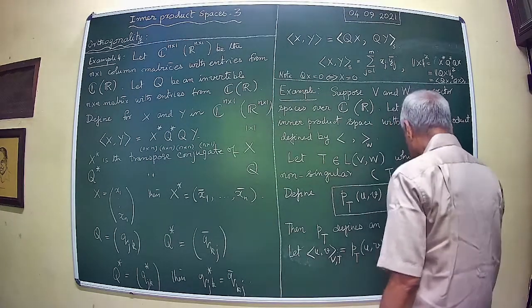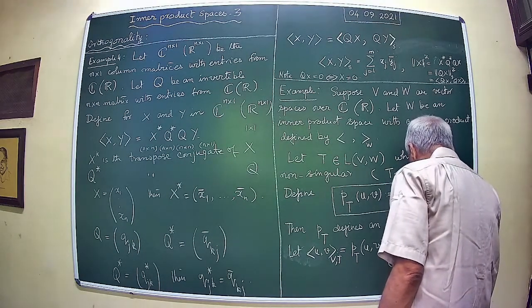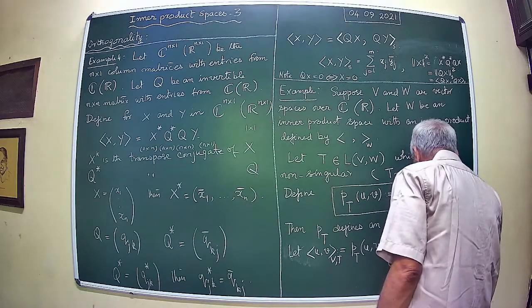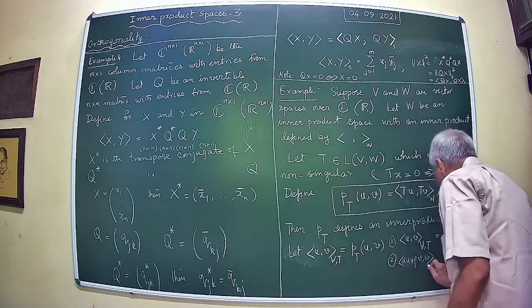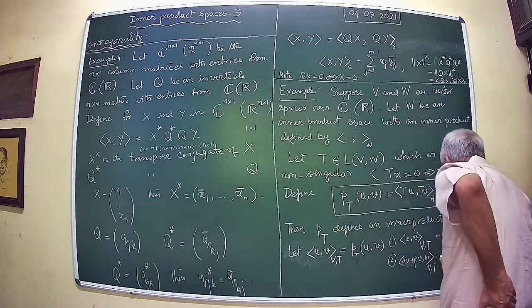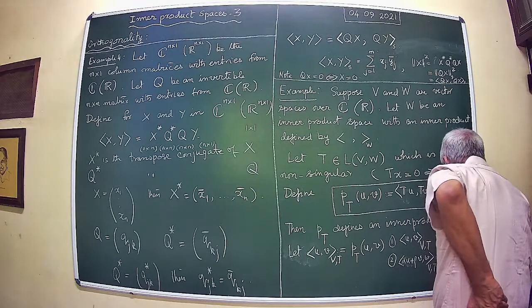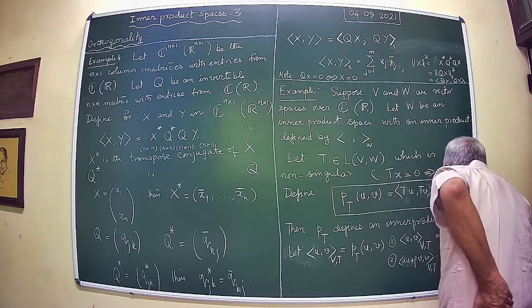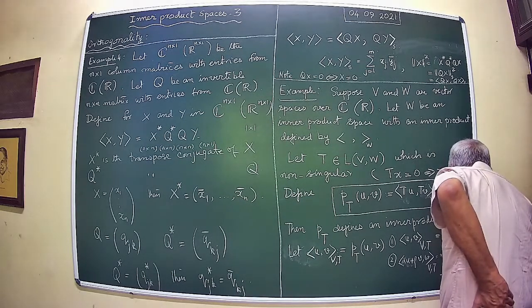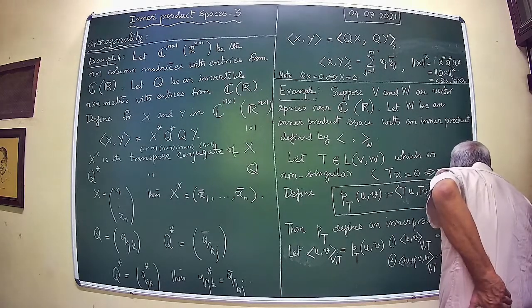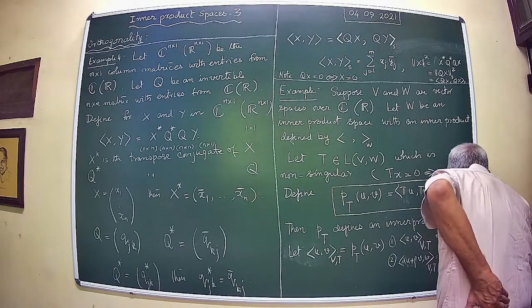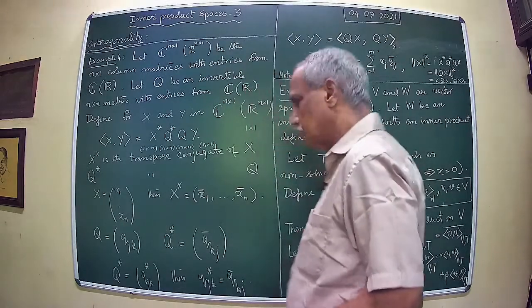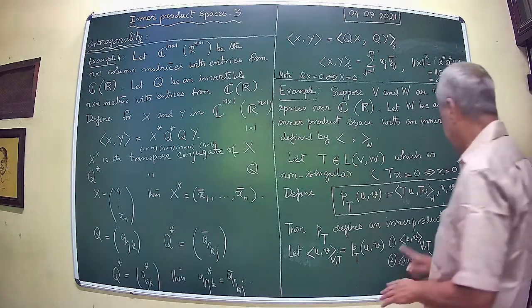Second thing is that alpha u plus beta times... that is linearity in the first variable, which in turn together with 1 implies it is conjugate linear in the second variable.